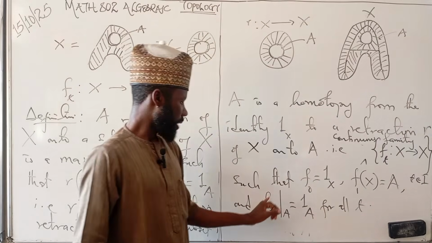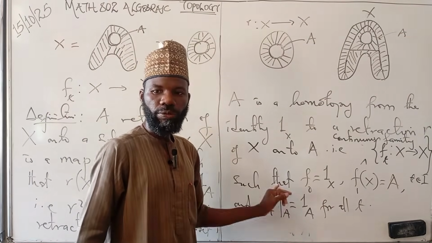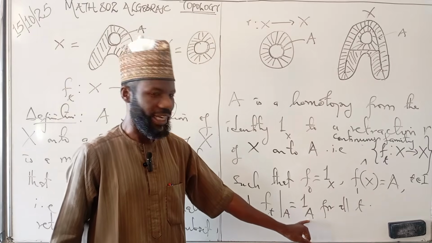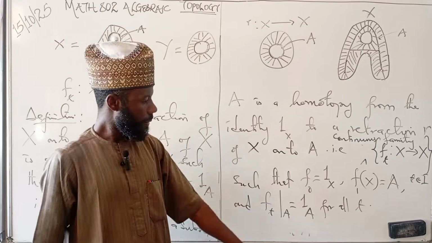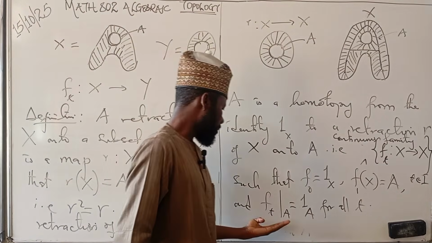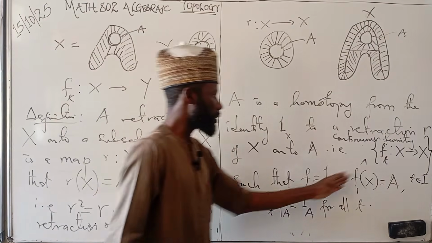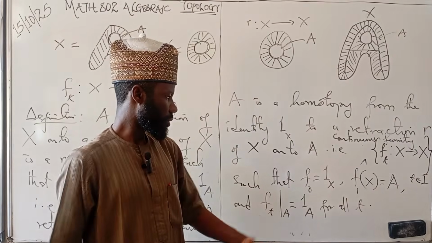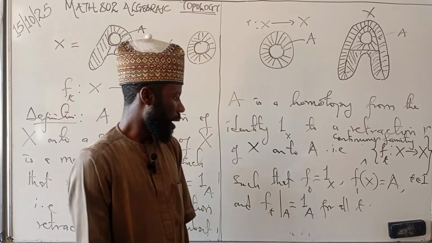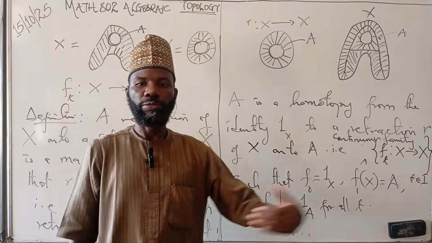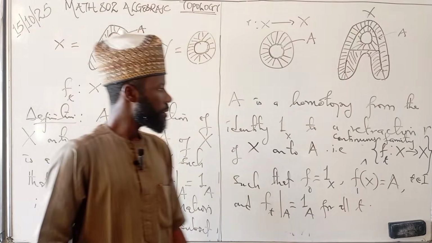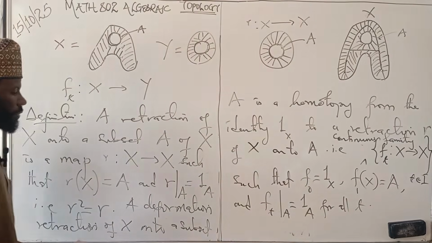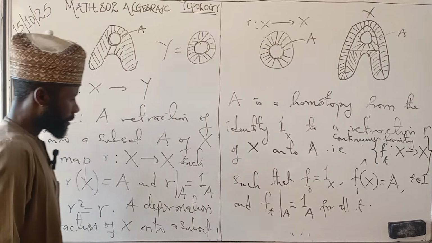So F1 restricted to A should be equal to the identity on A. But if you impose the condition that each member of the family should fix A, this is usually called a strong deformation retraction.